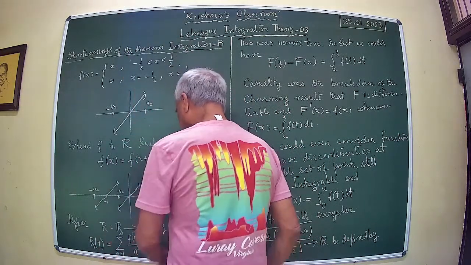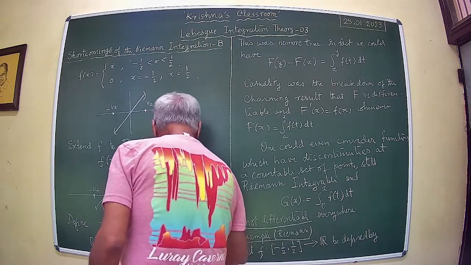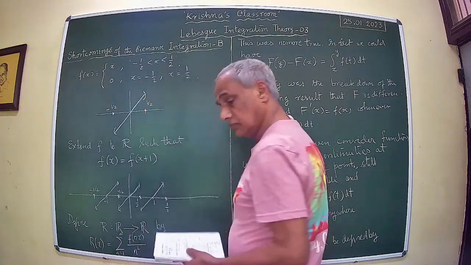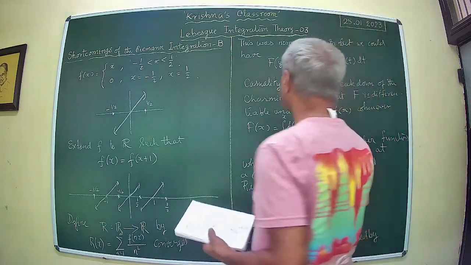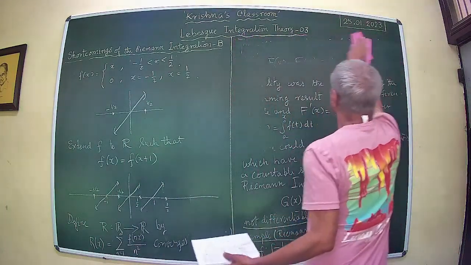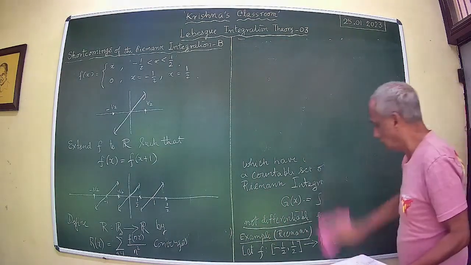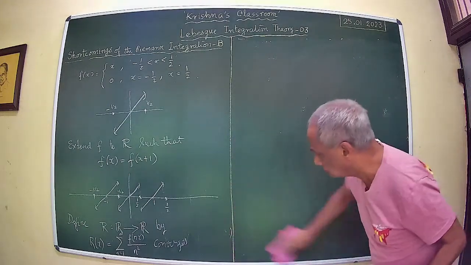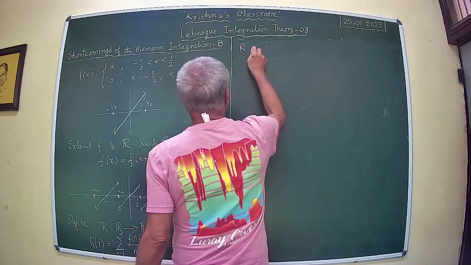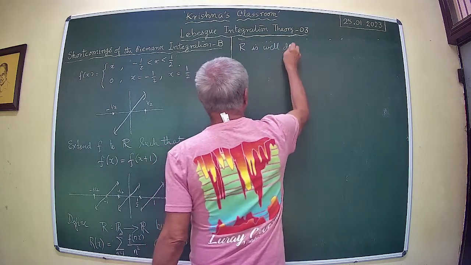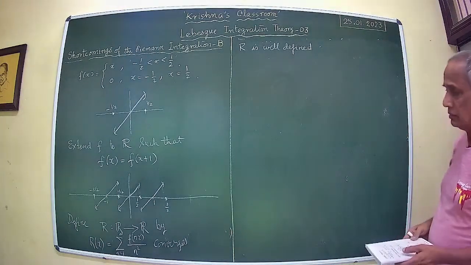Therefore for every x this converges, and the function R is well defined. And it has discontinuities at several points.